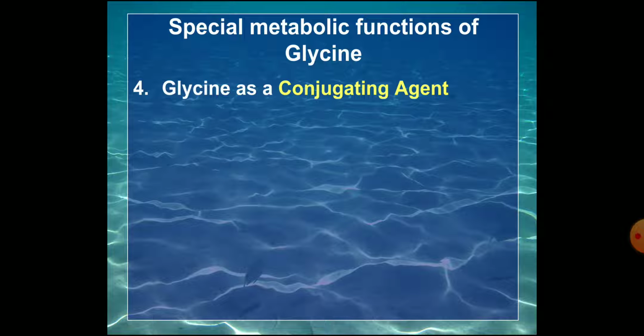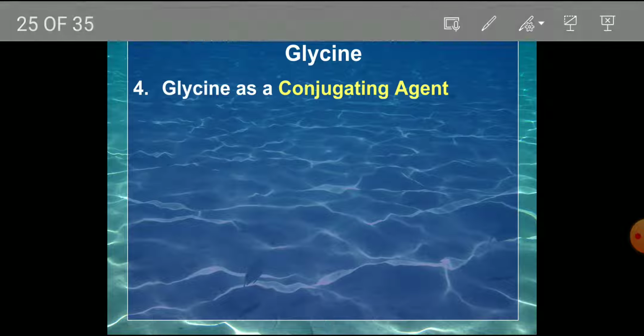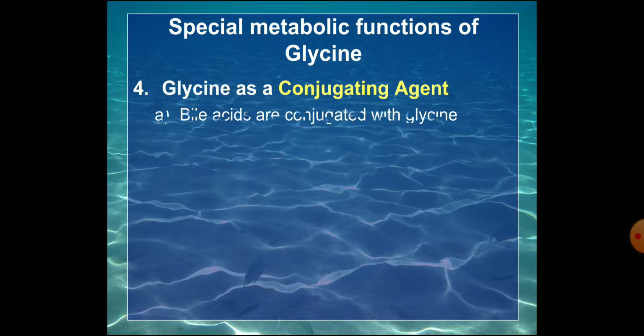Next is glycine acting as a conjugating agent. How is it acting as a conjugating agent? Bile acids usually conjugate with glycine. You know how bile acid is formed in our body? That is from cholesterol metabolism.